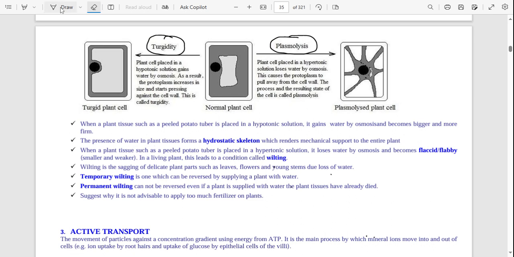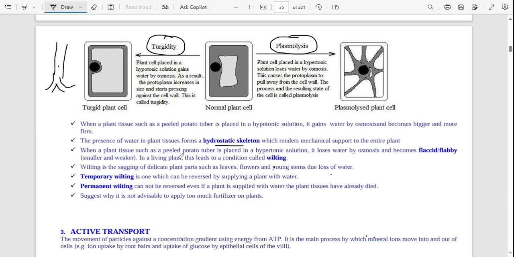Hydrostatic skeleton allows the plant to be able to withstand or to have mechanical support. That is why plants can stand straight, because they have got water. Otherwise, if they didn't have, the plant would fall like that. So water gives hydrostatic skeleton. Hydrostatic skeleton is a skeleton or the strength created because of water.